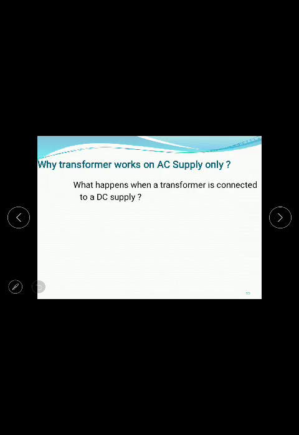Why does a transformer work on AC supply only? What happens when a transformer is connected to a DC supply? When the winding is connected to the DC supply, the flux produced by the DC supply does not vary.